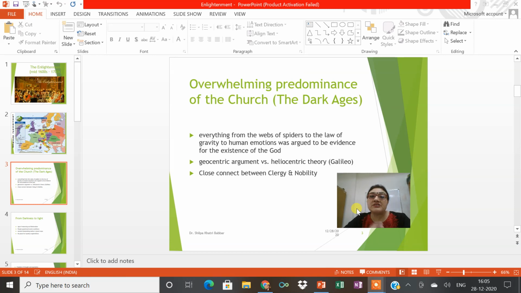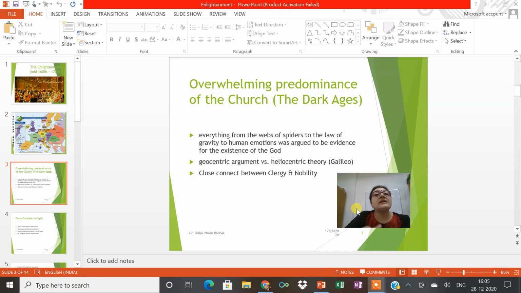So, Christian orthodoxy necessarily had to affirm against the heliocentric perception, and it brought in the idea of a geocentric argument. And what is this geocentric argument? The geocentric argument says that it is not the earth and the planets which are revolving around the sun.